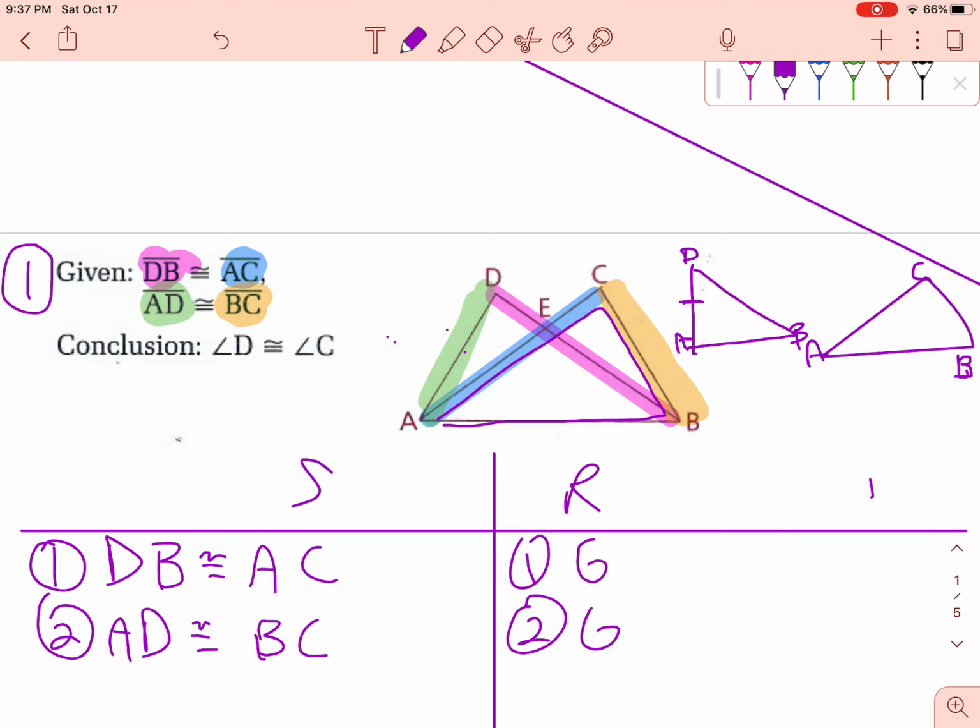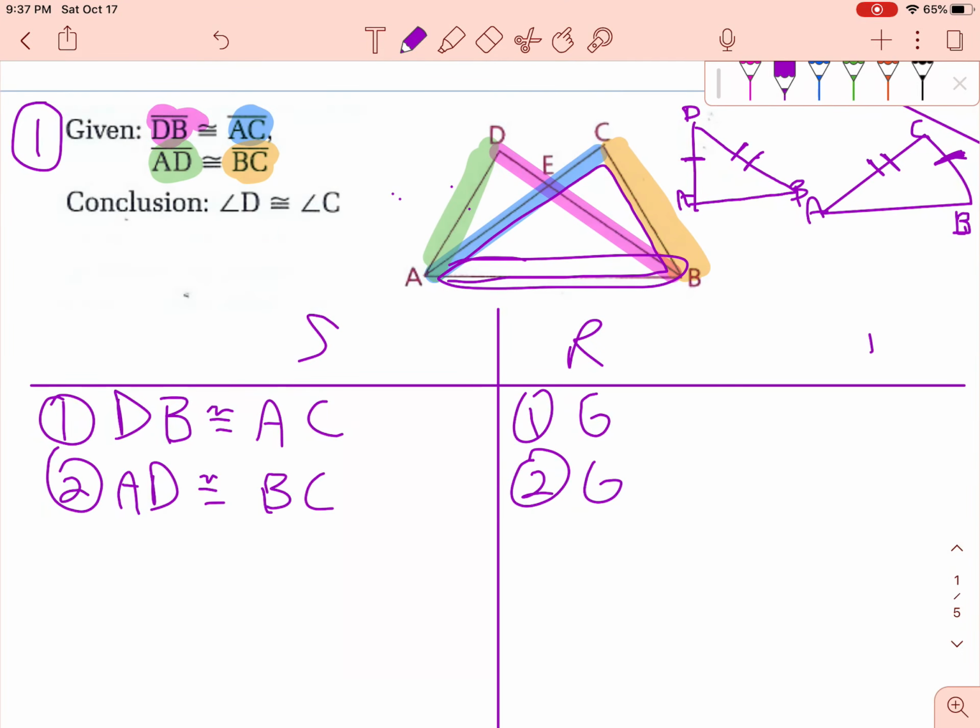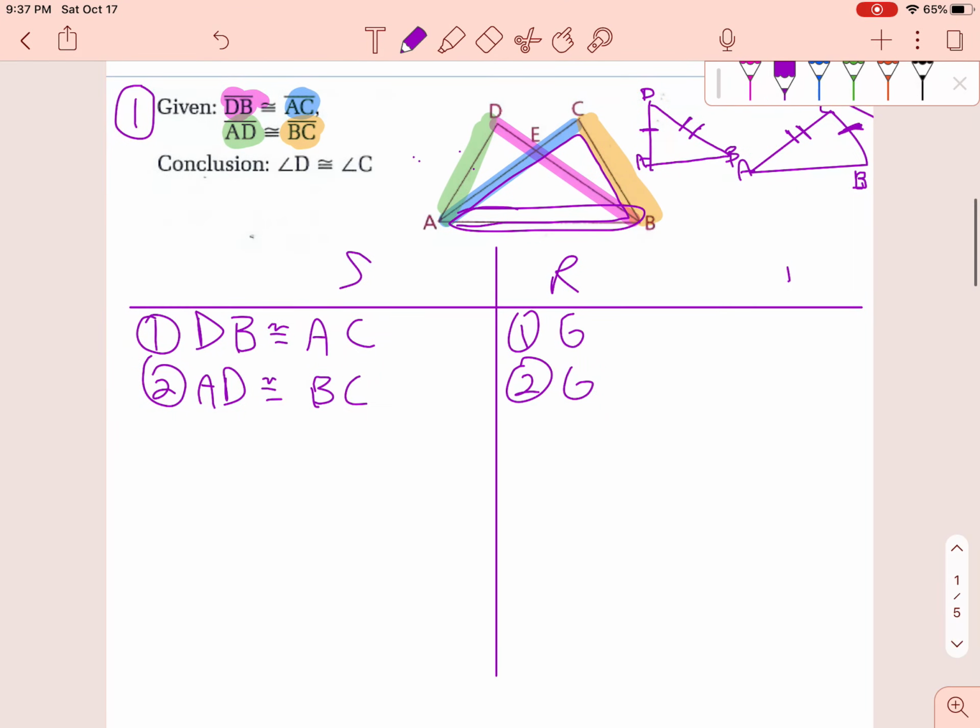They told me that DA is congruent to BC. They told me that DB is congruent to AC. So I either need to get my included angle, angle D congruent to angle C, or that third side, which is AB congruent to AB. Wait a minute. AB congruent to AB. Since they're overlapping triangles, I'm always looking for that reflexive angle or that reflexive side, and I found it.